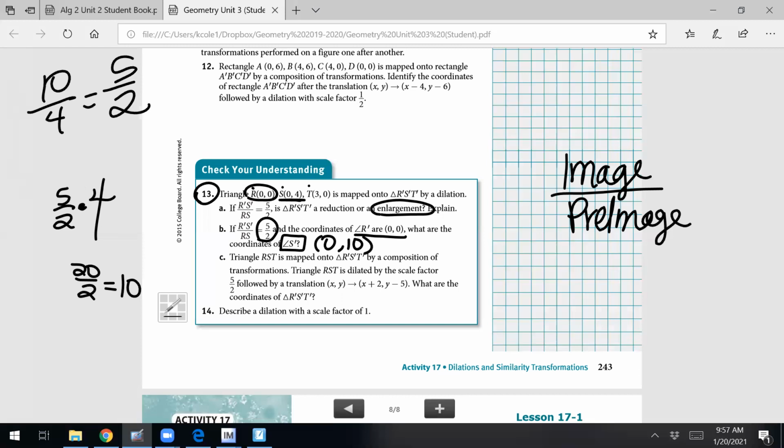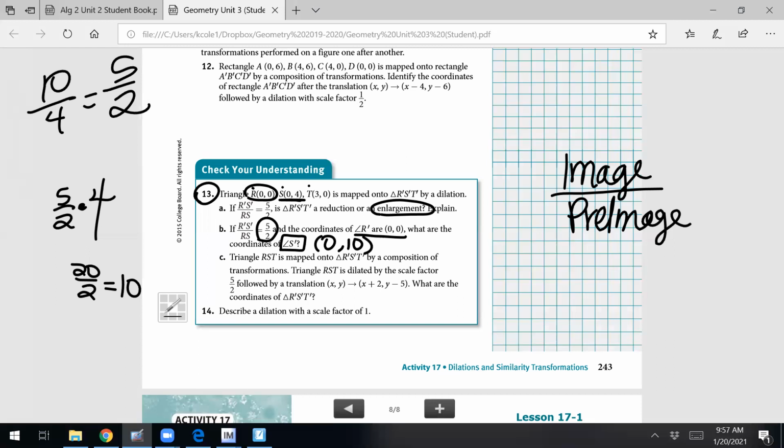So when you're looking for an ordered pair, you have to multiply by the scale factor. Multiply the x by the scale factor, multiply the y by the scale factor, okay?